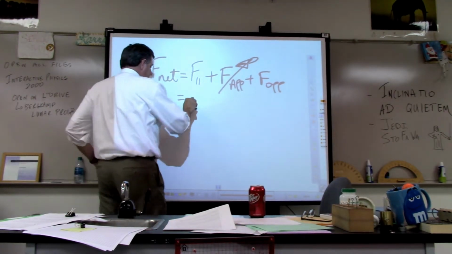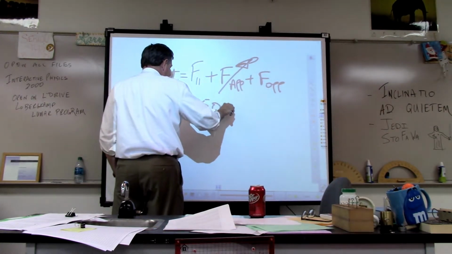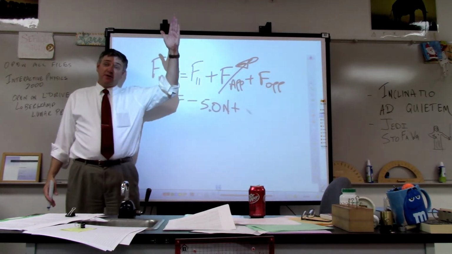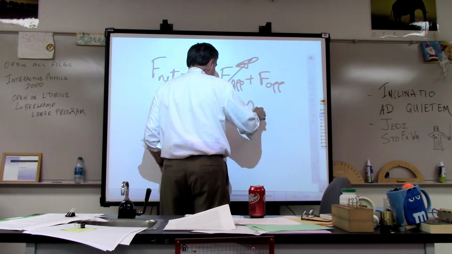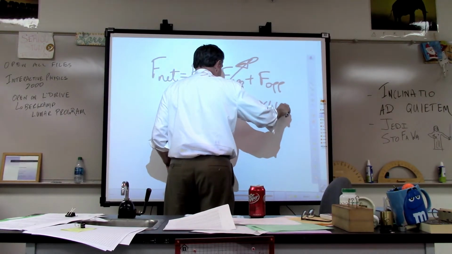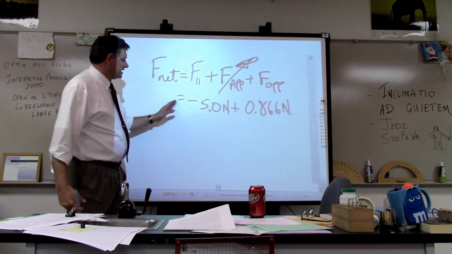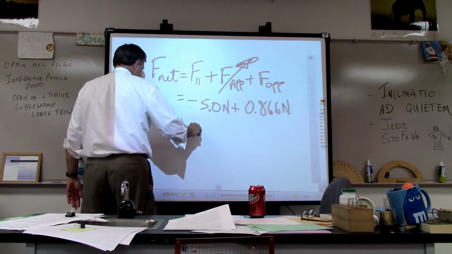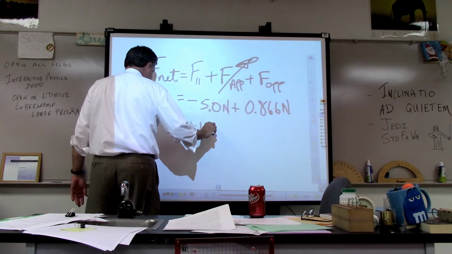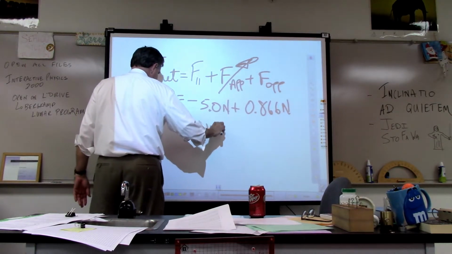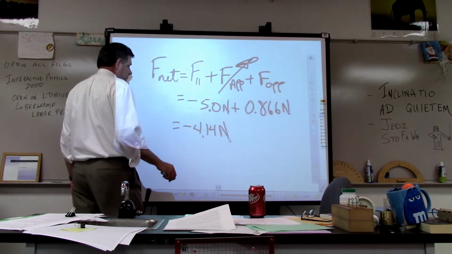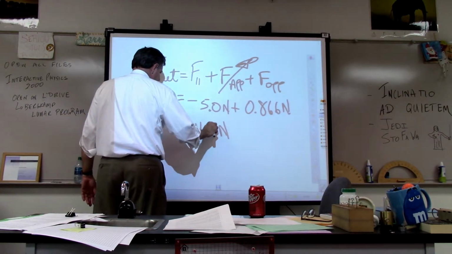We said my force parallel was negative 5 newtons. Now, my opposing force is going up the hill, and that's going to be 0.866. So that should be negative 4.144, 0.144 newtons, something like that. Yeah, 4.13.